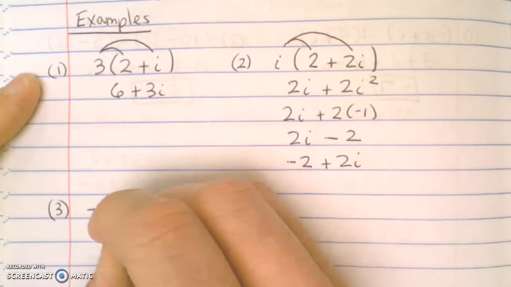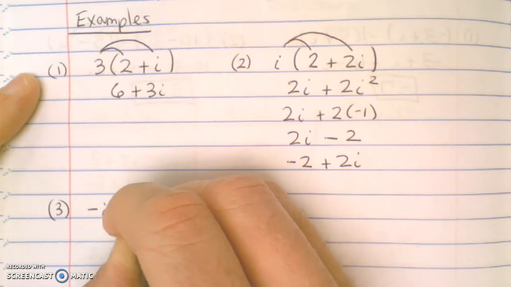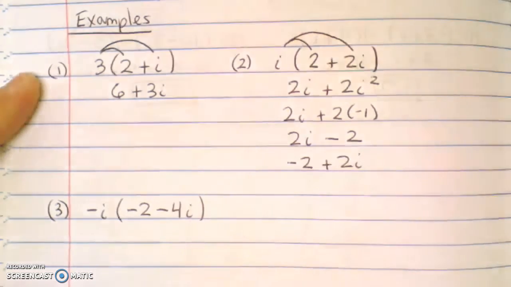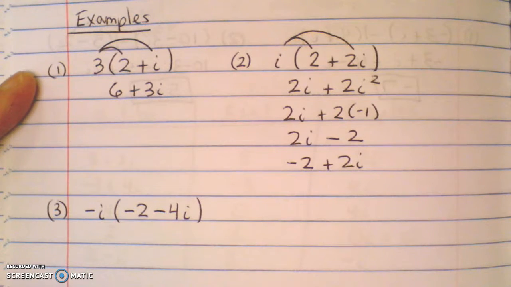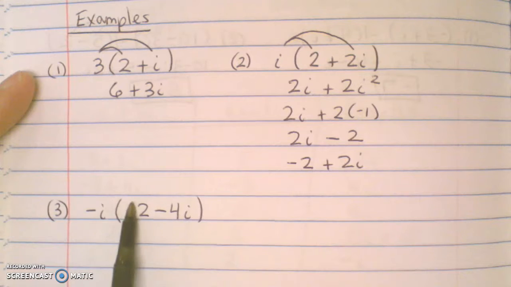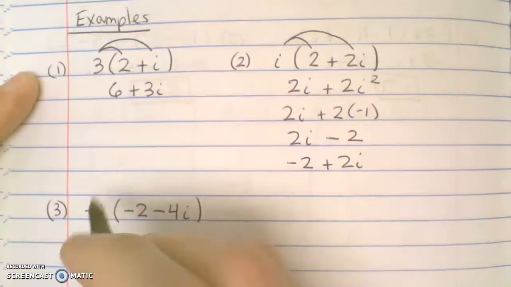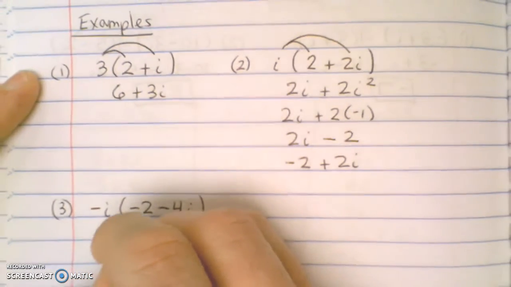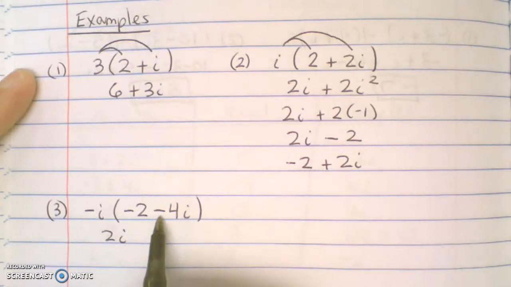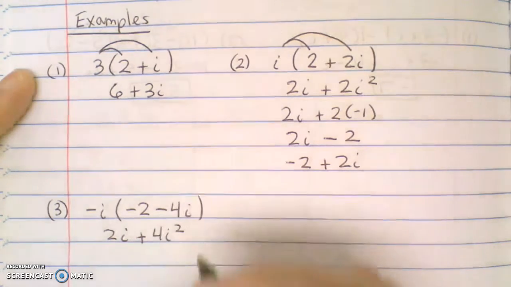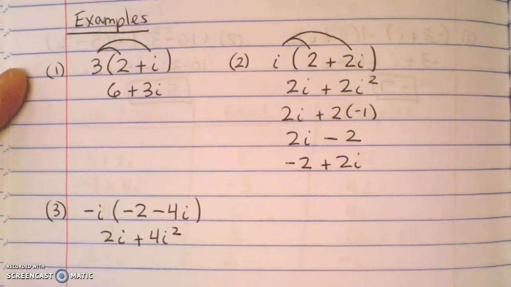Let's say I distributed -i times the quantity -2 minus 4i. The same first step as before: you just distribute. So -i times -2 is positive 2i. And -i times -4i is positive 4i squared, because a negative times a negative is a positive.